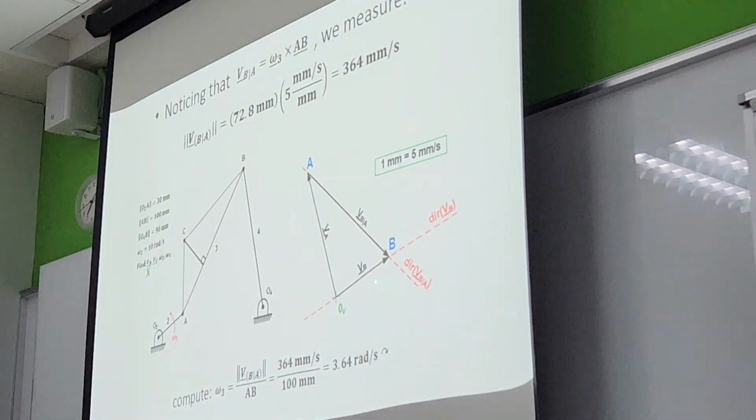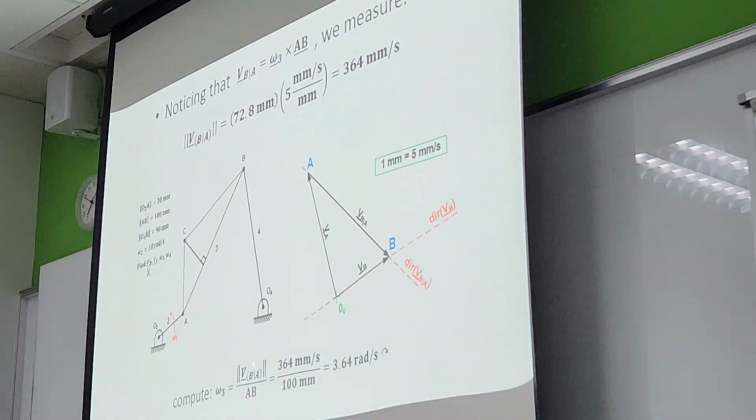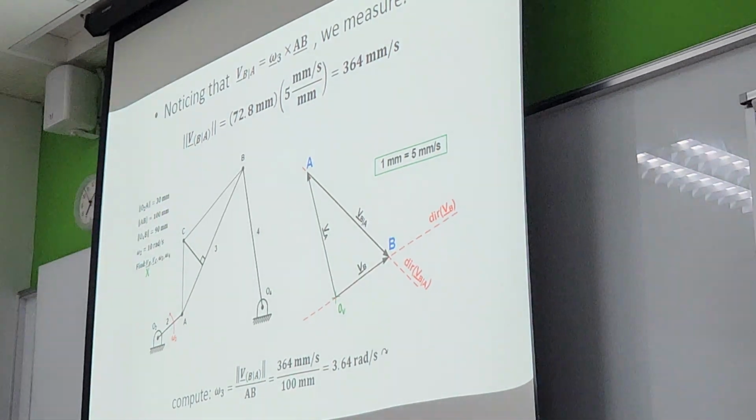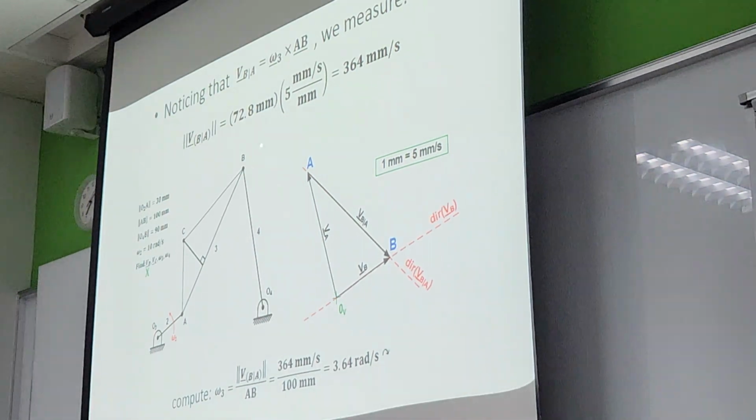This is true for any velocity: whenever you are calculating angular velocity, we only take the magnitudes. Is that clear?